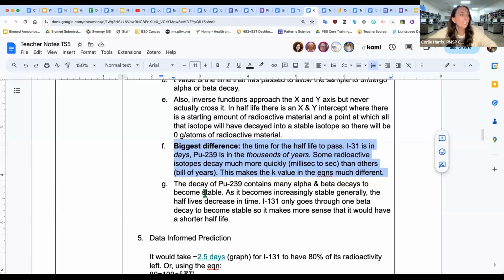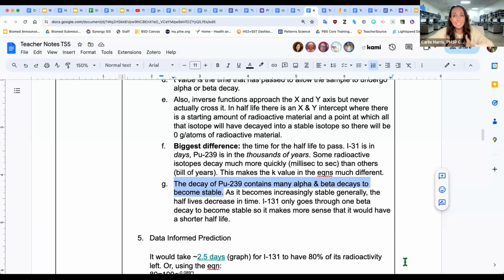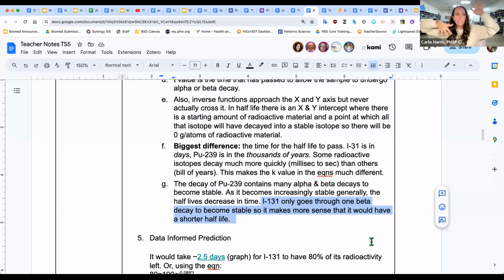And we have plutonium-239 that's going through many alpha and beta decays as it's trying to become stable. And essentially the iodine-131 takes 1 beta decay to become stable. So we have these different isotopes with really big differences so students can see this.